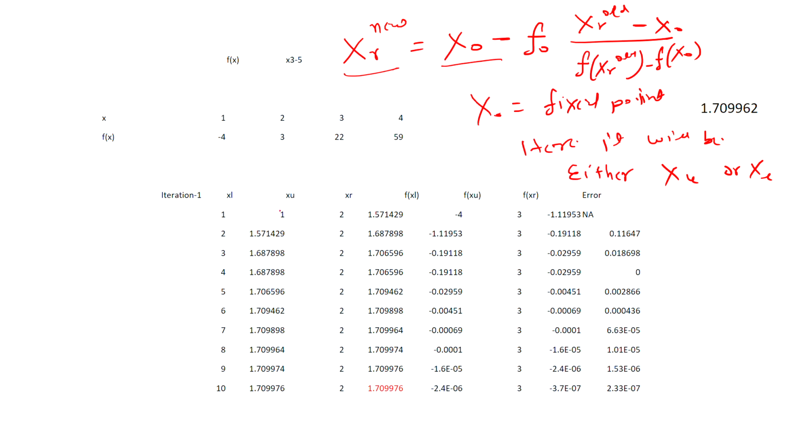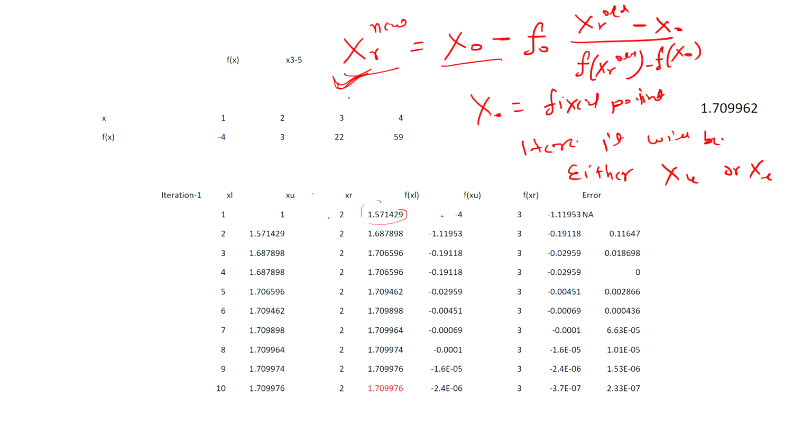So here basically the X naught is XU, so that's why it is the same, and XR will be calculated based on this: 2 minus f of 2, times XR old. So initially, we will calculate XR based on the line, but later we will calculate with this iterative formula.